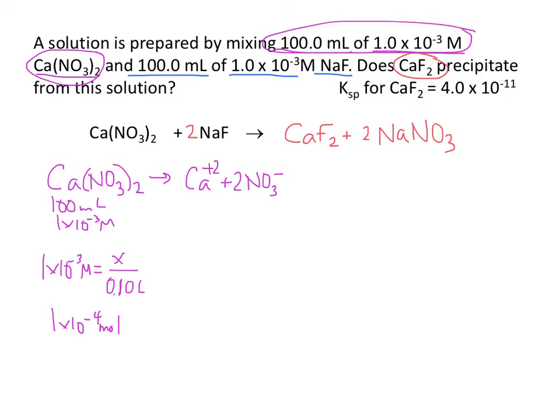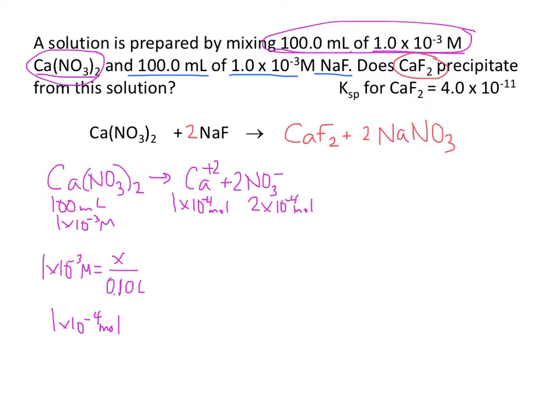Since it's a 1-to-1 ratio from calcium nitrate to calcium, there's 1 times 10 to the negative fourth moles of calcium in my beaker. And since it's a 1-to-2 ratio, 2 times 10 to the negative fourth moles of nitrate. So that's just in my first beaker, the beaker on the left, what I'm going to mix.